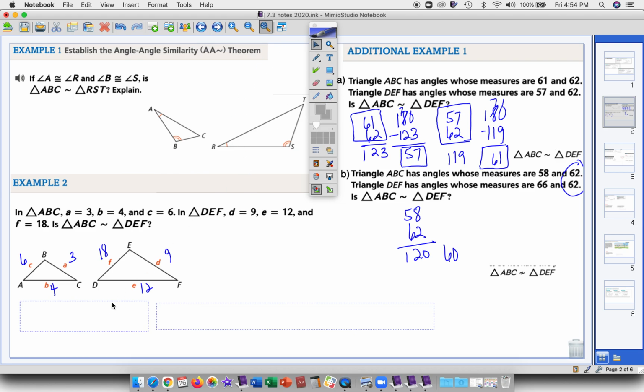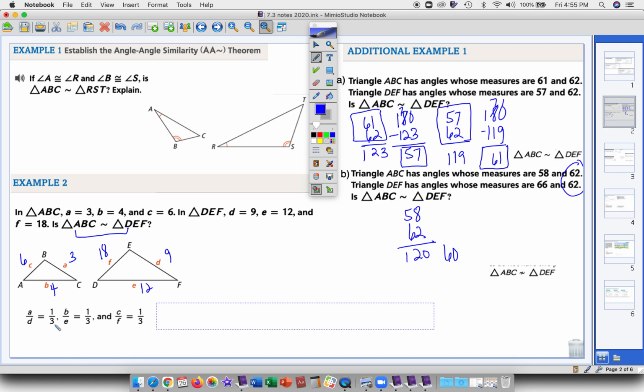Okay, let's see how you did. Make sure that you're matching up corresponding parts. That's important. A over D comes straight from the lettering, or you can use the similarity statement as a guide.